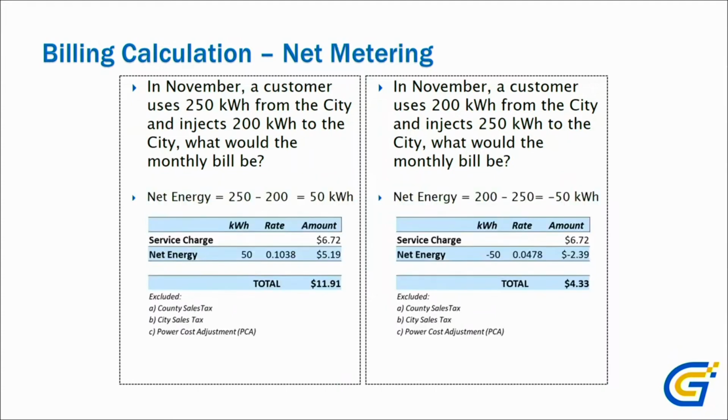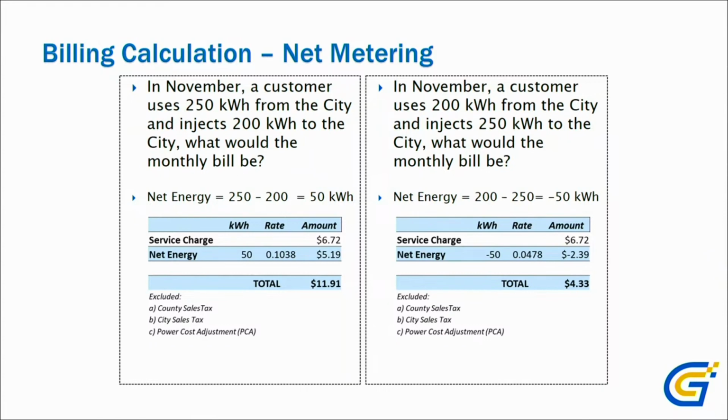Net metering. As I mentioned before, you look at the actual net, what the meter measures coming in and going out. So for this case, if the customer uses 250 and injects 200, the net energy is 250 minus 200, so you have 50 kilowatt hours. So 50 kilowatt hours times your retail rate comes up to 5.19.